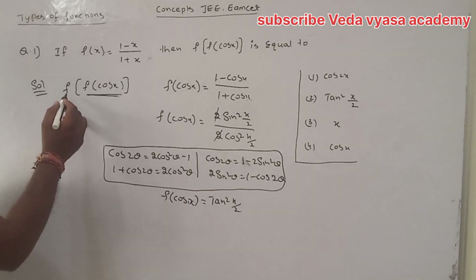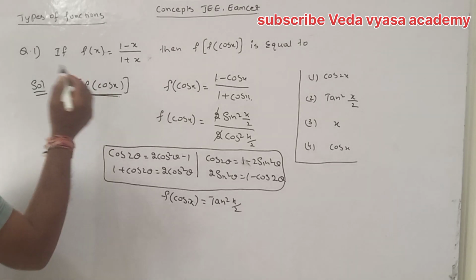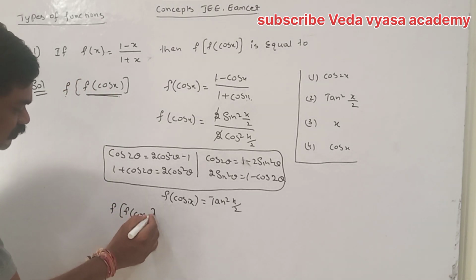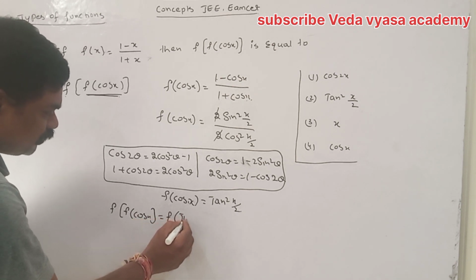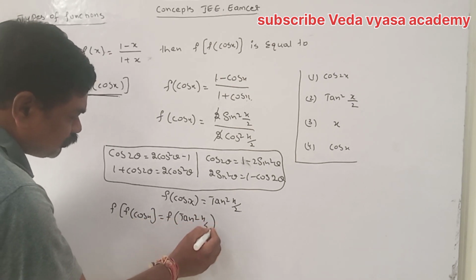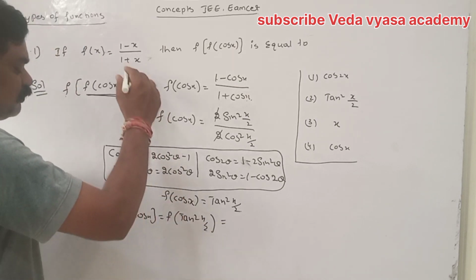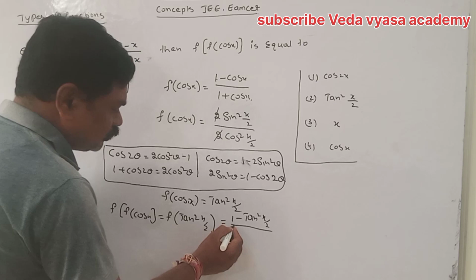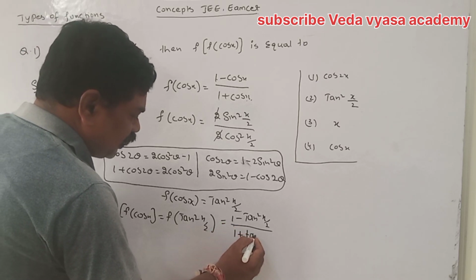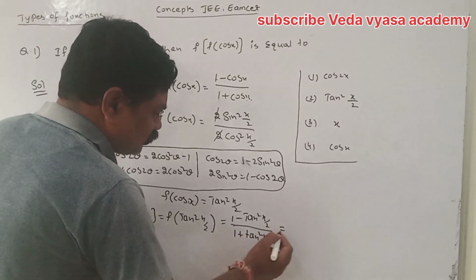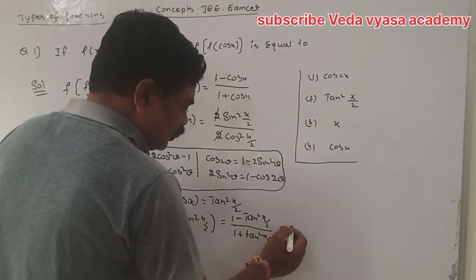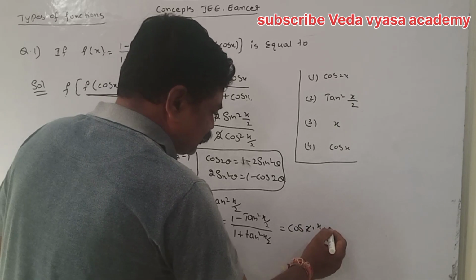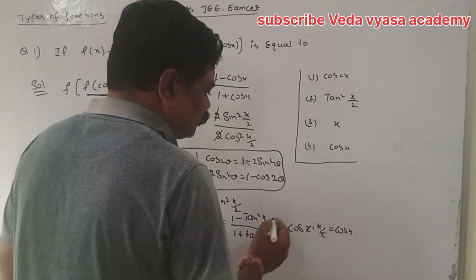Then what is the formula? f of cos x is equal to f of tan square x by 2, which is 1 minus tan square x by 2 by 1 plus tan square x by 2, equal to cos 2 into x by 2. The 2 cancels, this is cos x. Why?